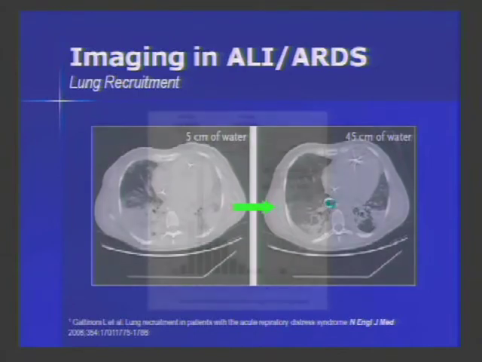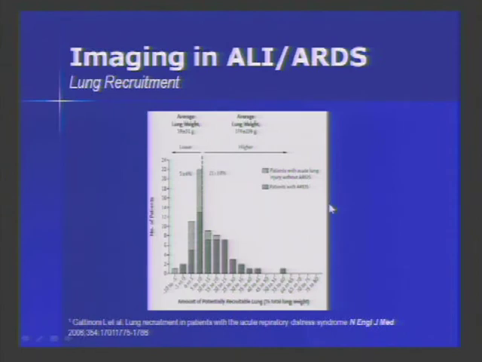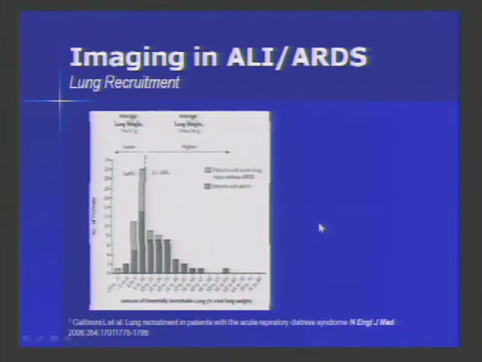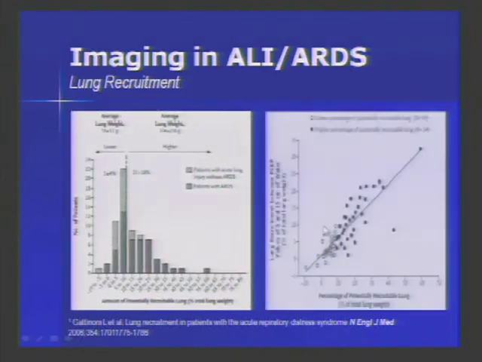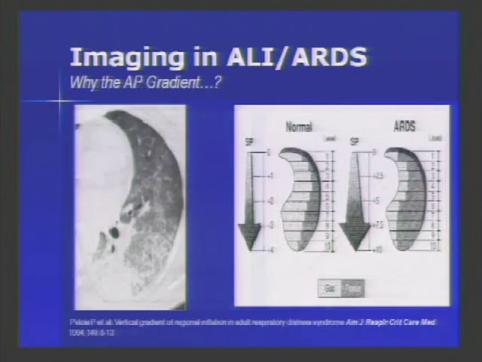Not only that, visually, you can analyze these data and categorize patients into those who may or may not respond to PEEP. So this is a very powerful way of using CT in these patients who have lung injury.